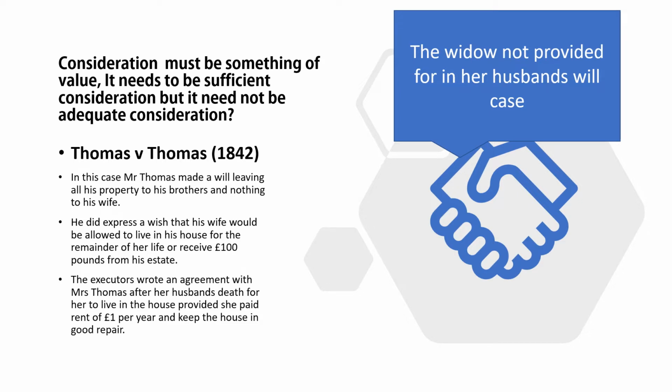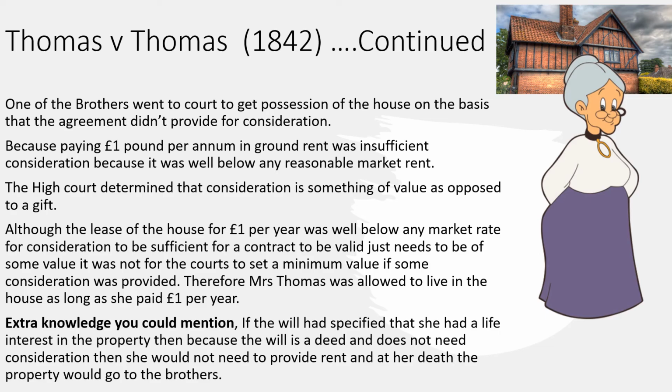So we'll see what happens. The brother, through his lawyers, argued that the wife paying £1 per annum in ground rent was an insufficient consideration because it was well below any reasonable market rent.